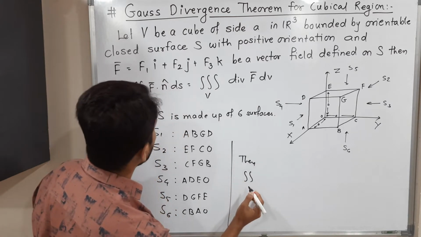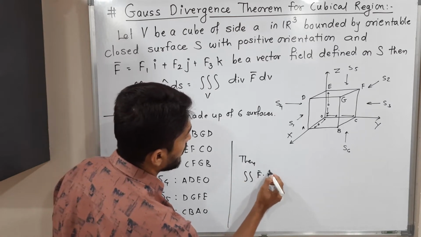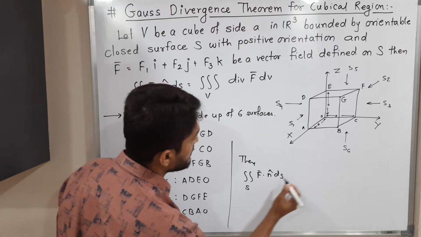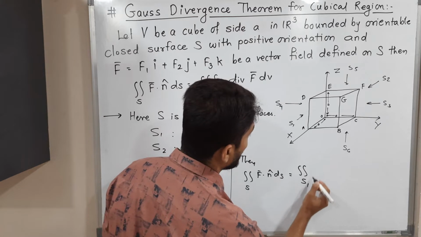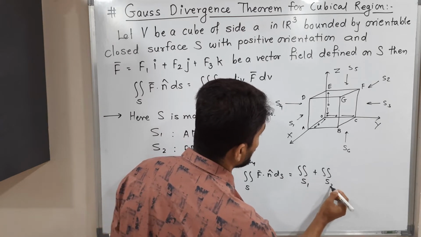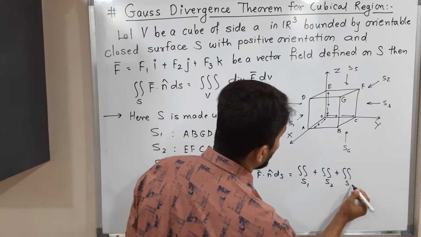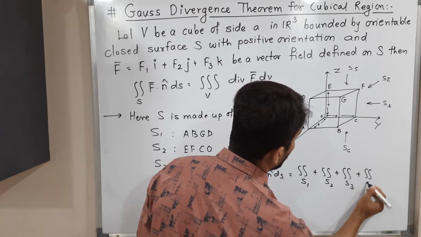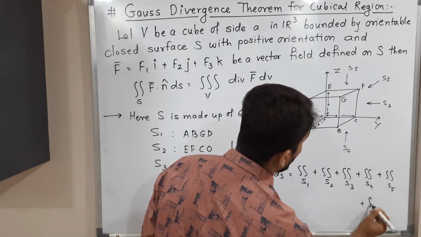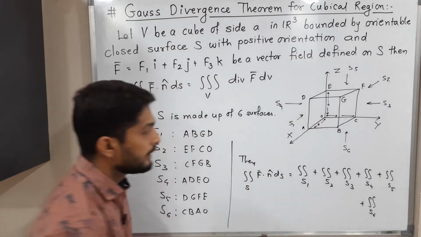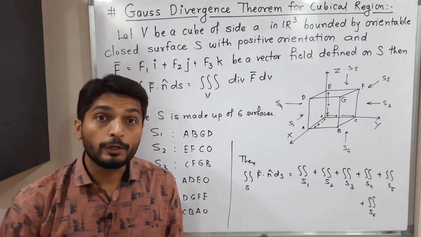Then the double integration of F bar dot n cap dS over S is equal to, obviously, the double integration over S1 plus the double integration over S2, over S3, over S4, over S5 and over S6. So you can easily guess what I am going to do now.